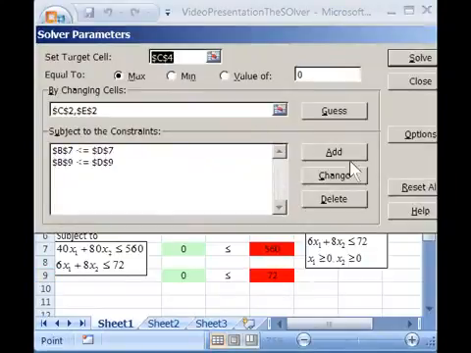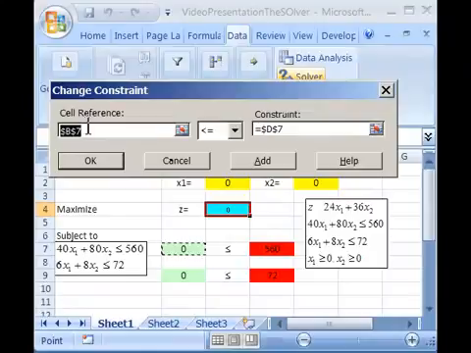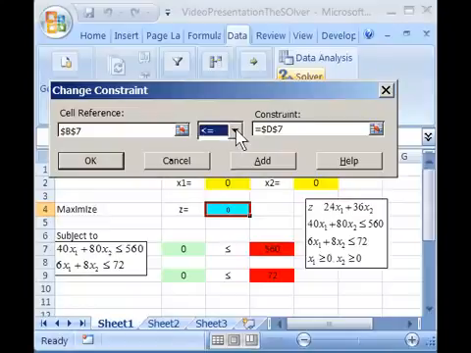Let me go back to the solver here. I'll click on this one and just click change so that you can see what I wrote. B7, this time here, instead of choosing equals, you're going to leave it as less than or equal to. And in the constraint is D7, which is this point. And then you're going to click add just like you did before with the equality problems.